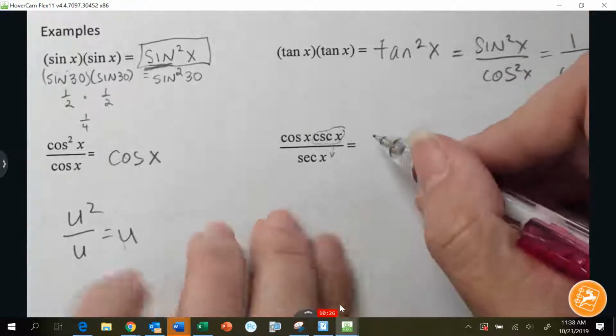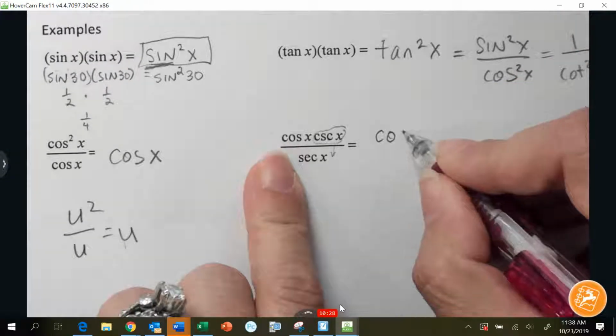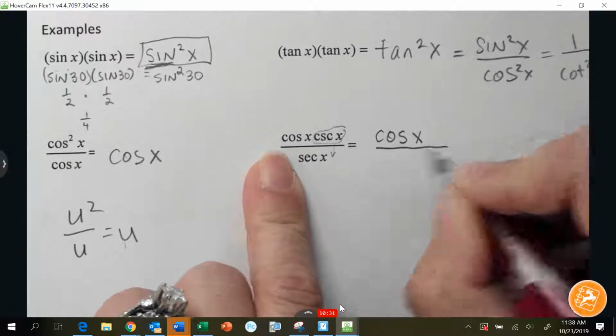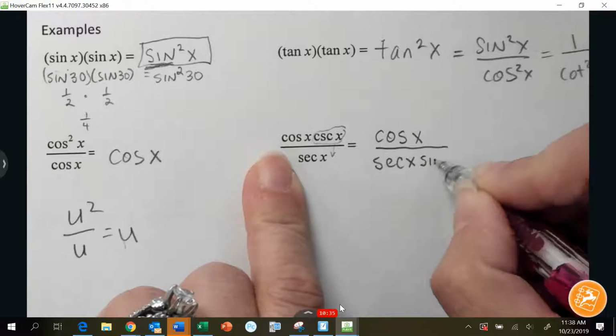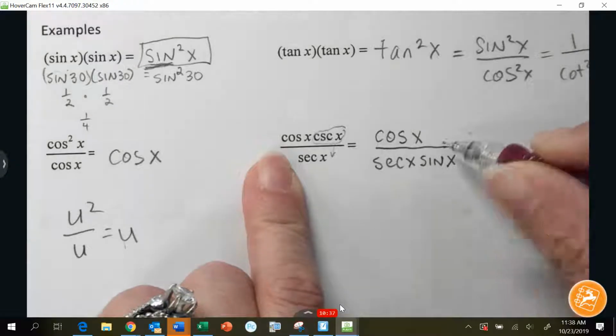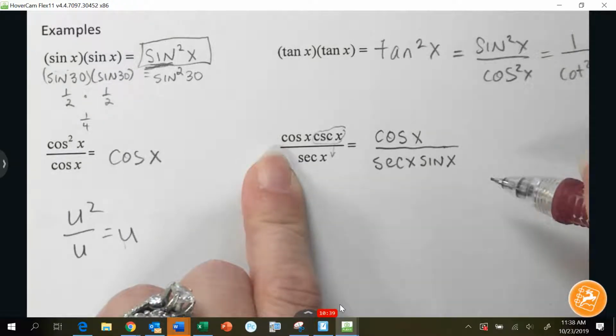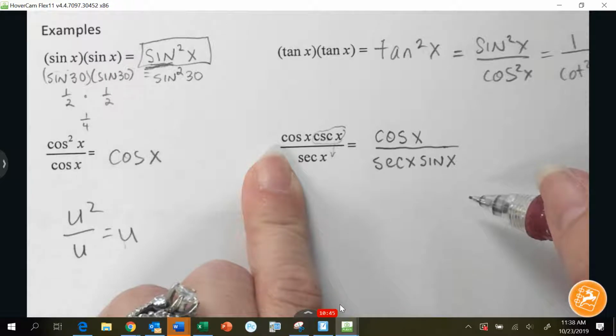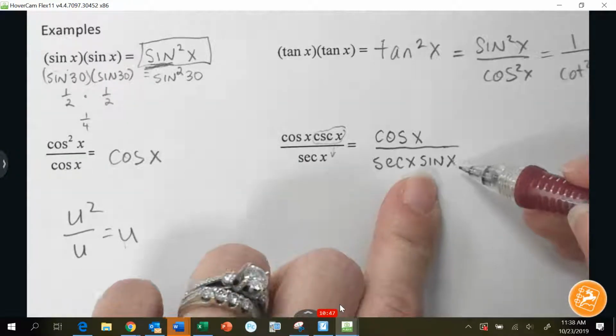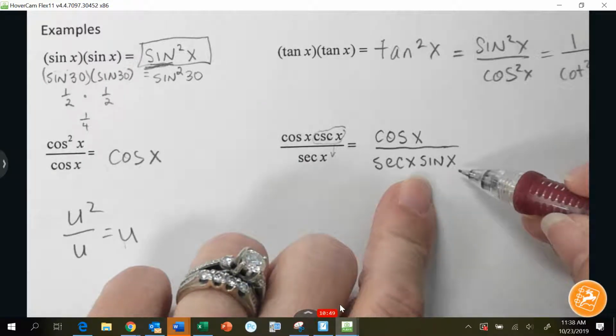Okay. So I can show you one step here. All I'm doing is moving cosecant down and changing it into sine. As soon as it moves from up to down, on the denominator, it changes to its reciprocal identity.